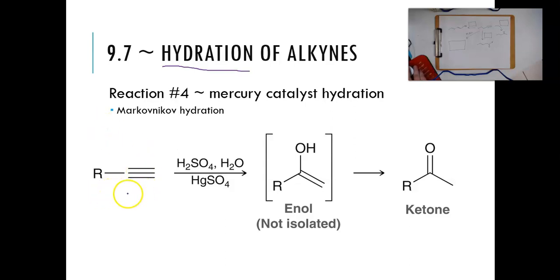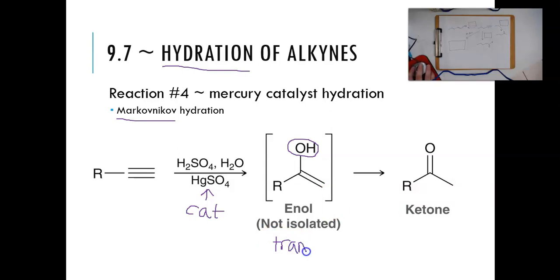So here's our alkyne. We're going to react it with sulfuric acid, water, and then a mercury-based catalyst, and add Markovnikov for our regiochemistry. So here's our alcohol added to that more substituted position. But notice that it's in brackets. So it's in brackets because that's telling us that this is a transition state.